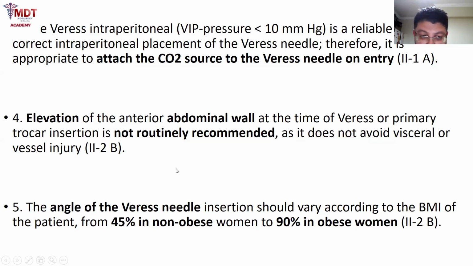And they also recommend that in non-obese patients, you use a 45-degree angle when you are inserting the Veress needle into the abdomen. If the patient is obese, you can use a 90-degree angle when you are entering the abdomen.